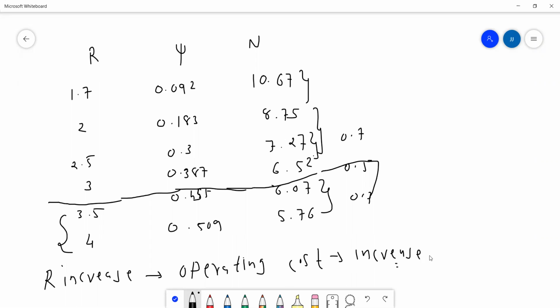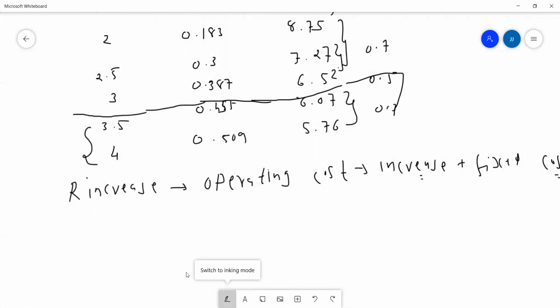Fixed cost also increases, because to handle a larger amount of liquid, you require a larger diameter, a larger condenser, and a larger reboiler. So we keep R equal to 3. Then the number of theoretical stages N is equal to 6.52.